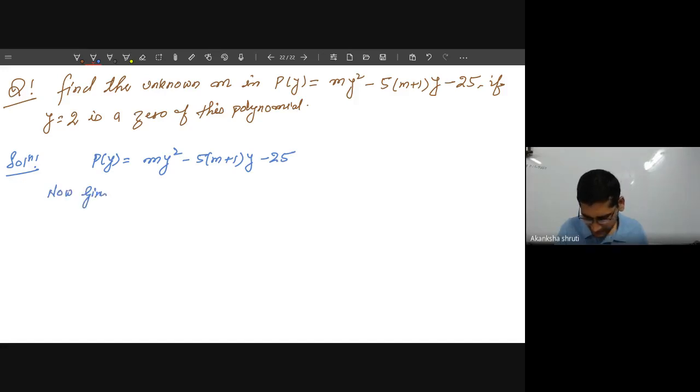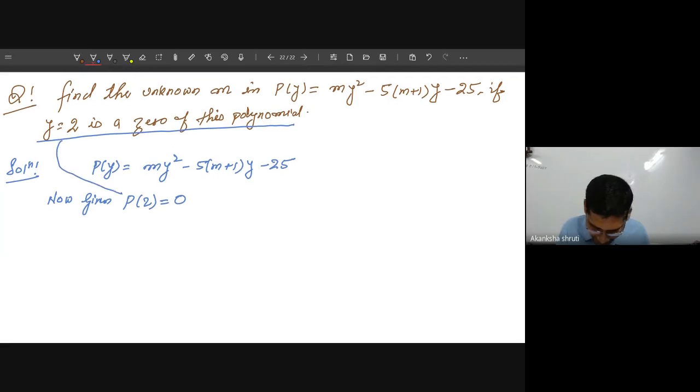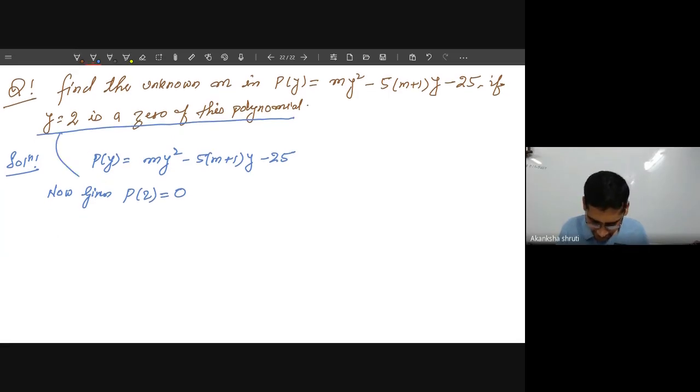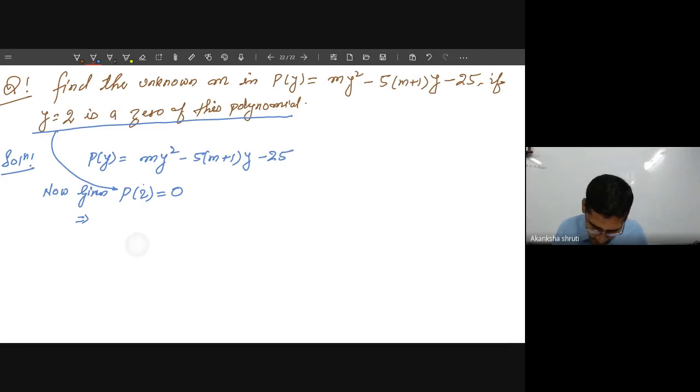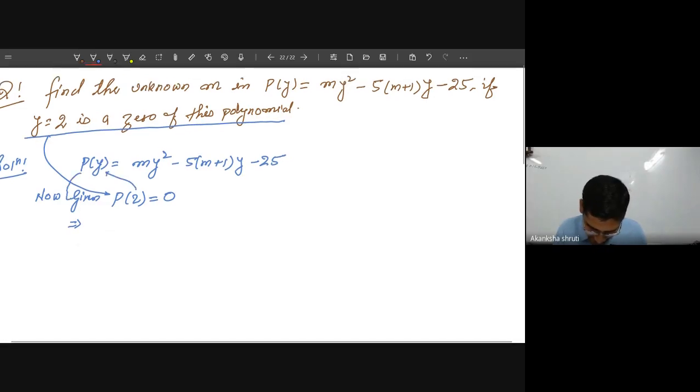It is given that p(2) will be 0, because y equals 2 is a zero of the polynomial. So this entire statement gives us this equation. Now, how to calculate p(2)? It is calculated by substituting this 2 here and rewriting it.